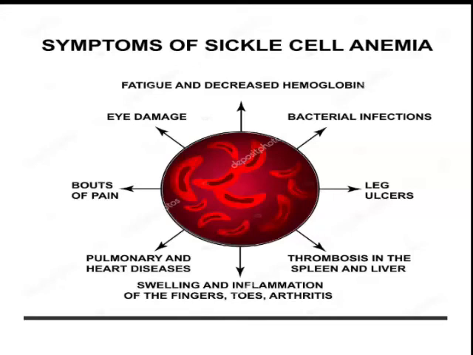Mostly the spleen will be injured by the sickled hemoglobin, which collects in the spleen and liver, causing damage to the spleen and liver, swelling and inflammation of the fingers, toes, and arthritis. So the patient will have severe pain in the fingers, in the legs and in the joints.